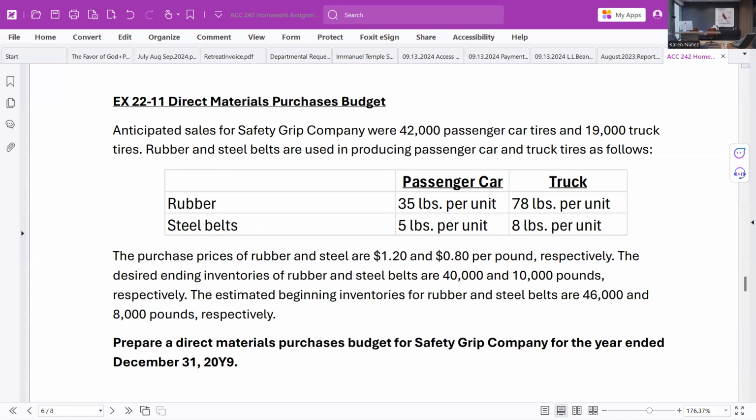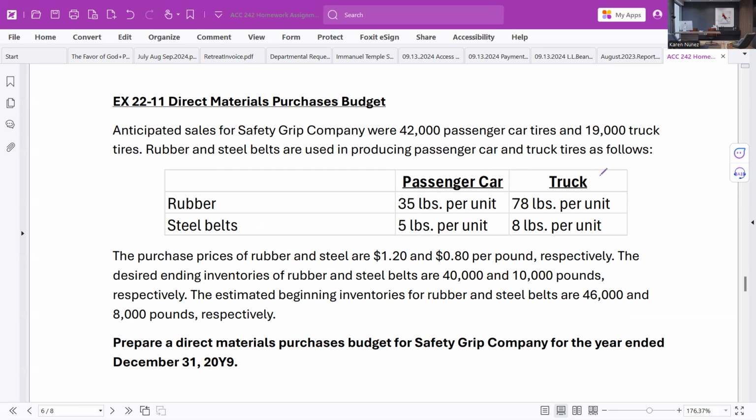In this case, we have two products. I'm going to do my best to get everything on here, and then we'll talk through it. We've got the passenger car and the truck product.